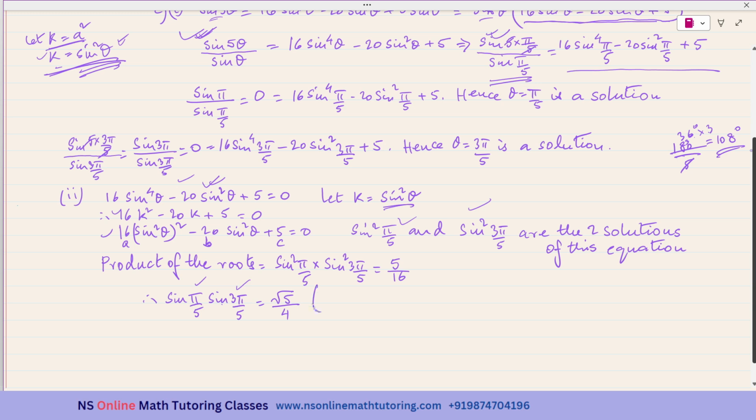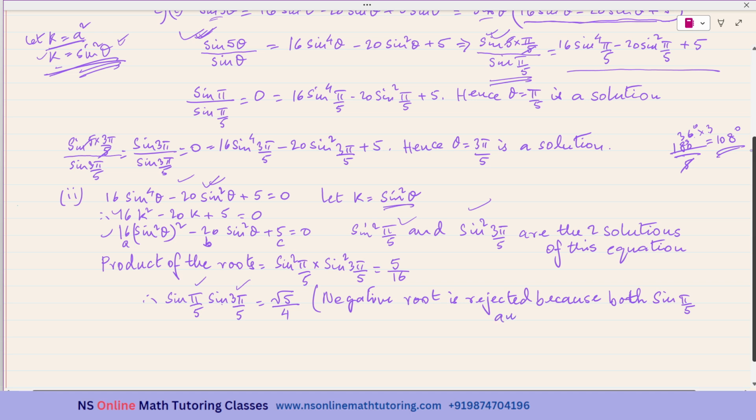Okay, I am writing that the negative root is rejected because both sine pi over 5 and sine 3 pi over 5 are positive.